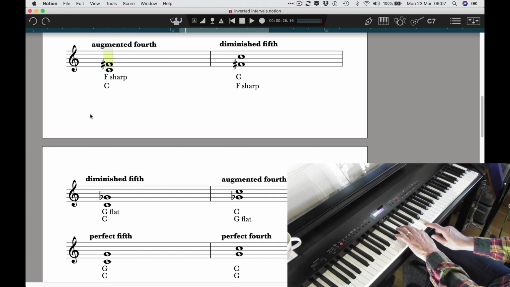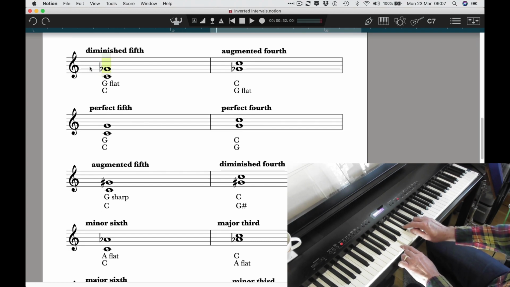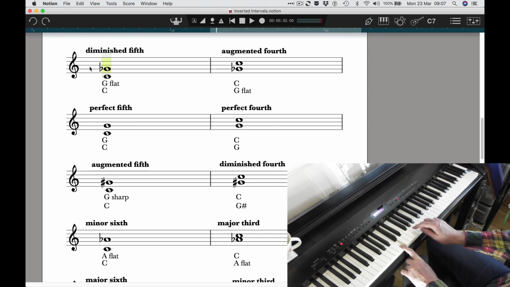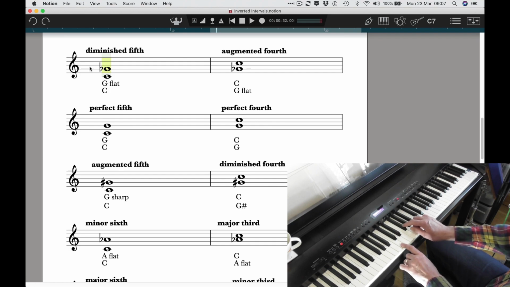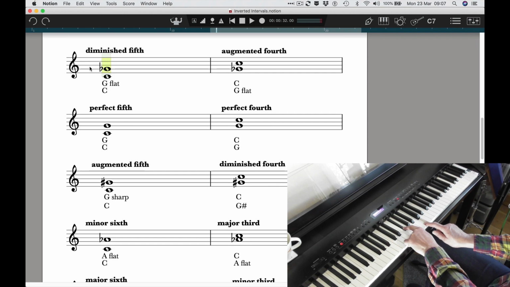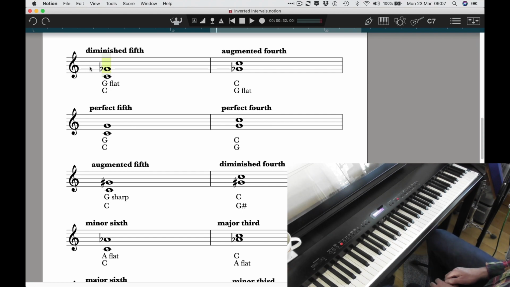Augmented becomes diminished. C to G flat is essentially the same as the previous interval, but it's a fifth because we're saying it's G flat. So this is a diminished fifth, and when we invert it, it becomes an augmented fourth, G flat up to C. And you might say, well, what is the point of all this?